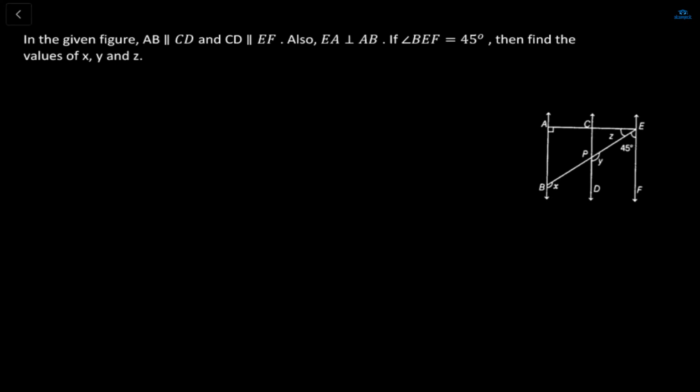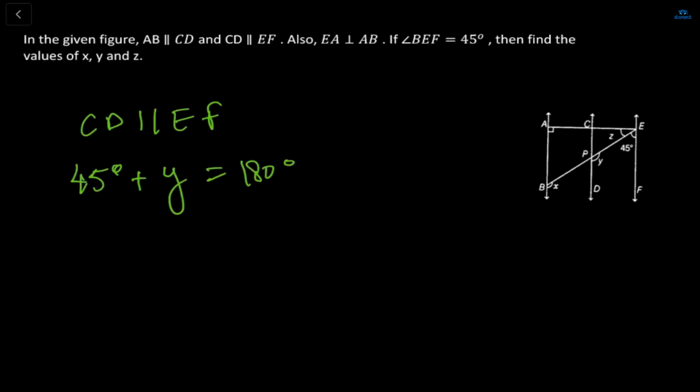If CD is parallel to EF, then angle EPD plus angle FEP, that is this angle Y plus 45 degrees, will make 180 degrees.